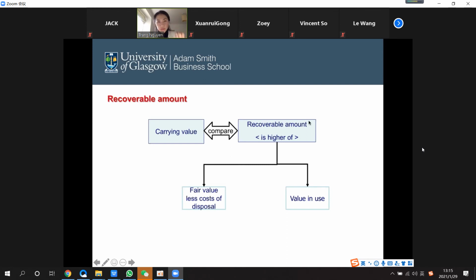If we keep the asset, we use the fair value less the cost of disposal, which is the money we need to pay if we sell it. So the recoverable amount will be the higher of fair value less cost of disposal or value in use. Value in use is just the present value of the asset.